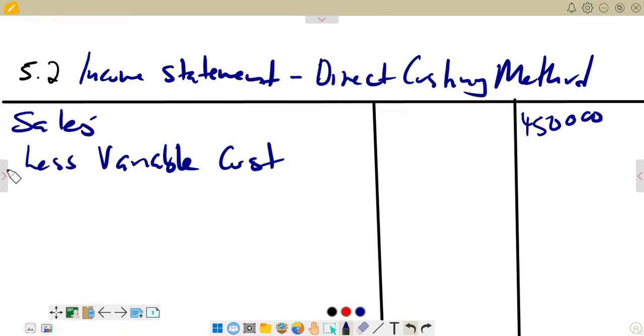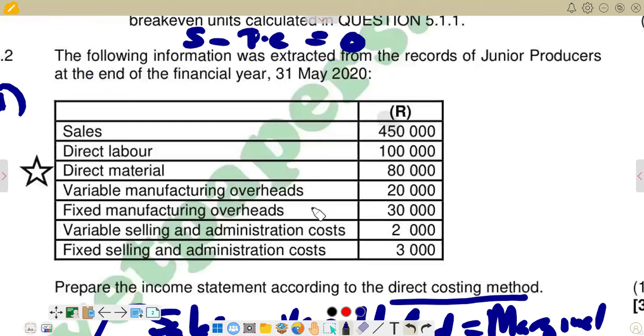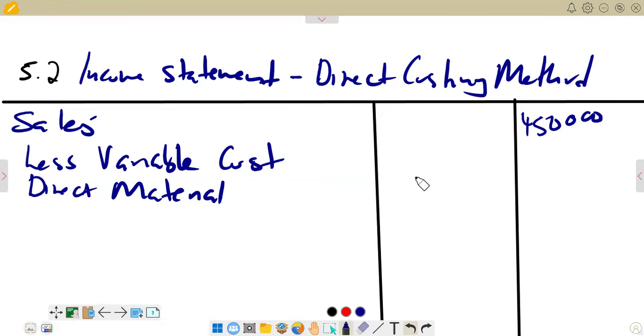So for variable cost, we've got direct material. The value that we have for the material is 80,000. Let's check there. Direct material is here 80,000. Then we have also direct labor, from which we have 100,000.